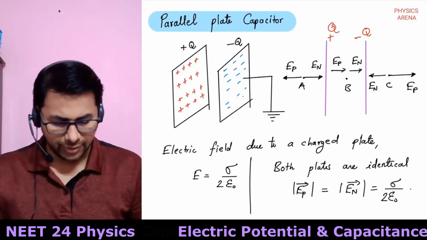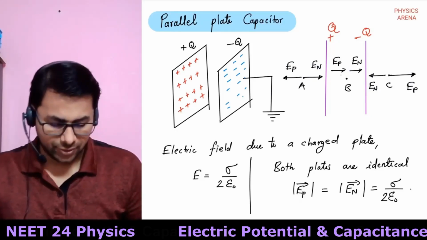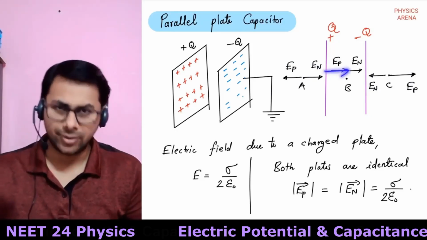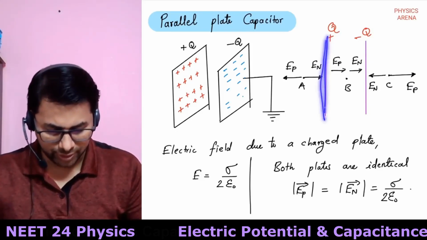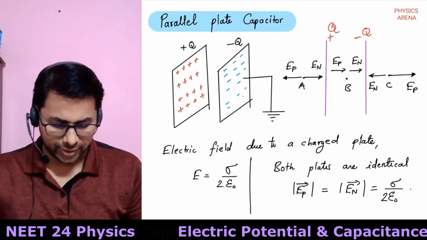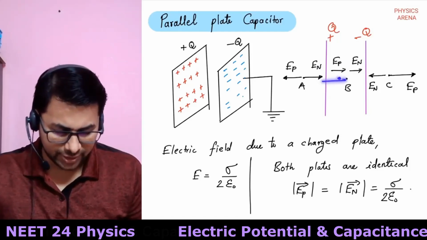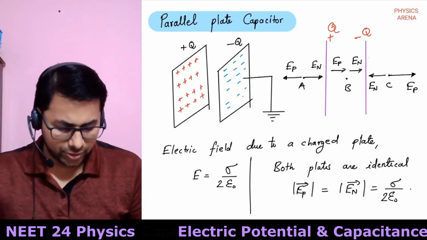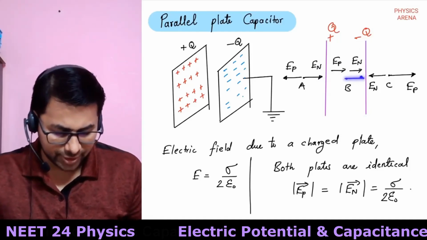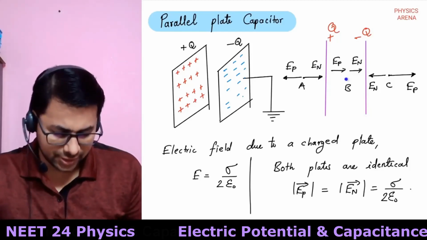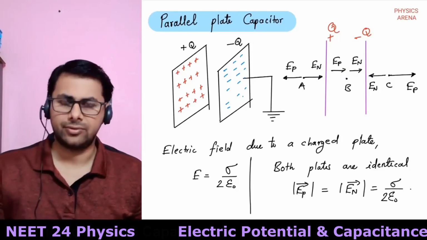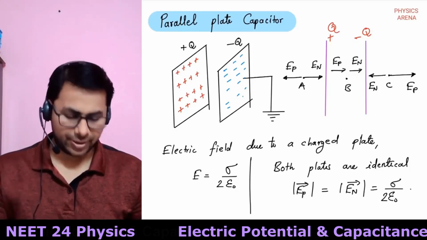What happens in this region is, the electric field is along the outward normal due to the positive plate. If you consider this point B, the electric field is in this direction. Due to the negative plate also the electric field is in the same direction, because it is along the inward normal for the negative plate.